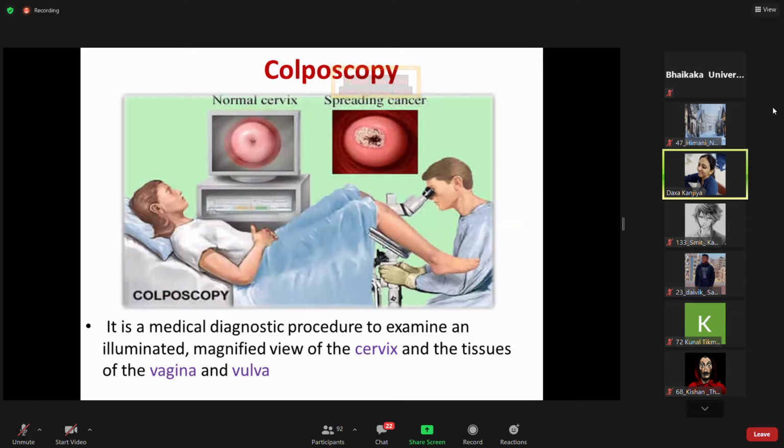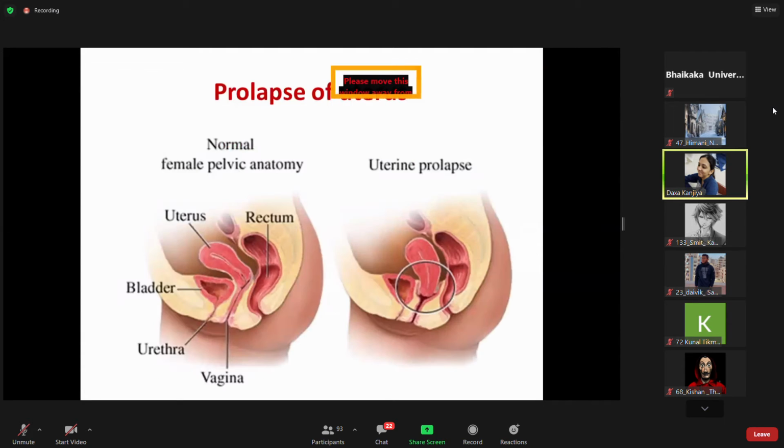Colposcopy, again, is a diagnostic procedure used to visualize the cervix, vagina and vulva with the help of a magnified view using a microscope. This is known as colposcopy. Colpo means vagina and scopy means to visualize.